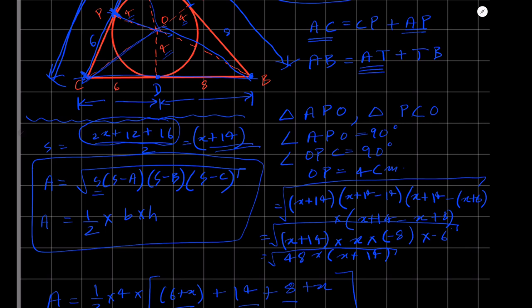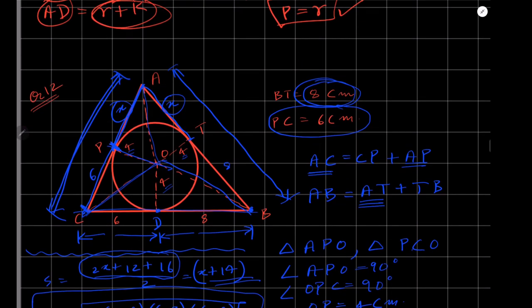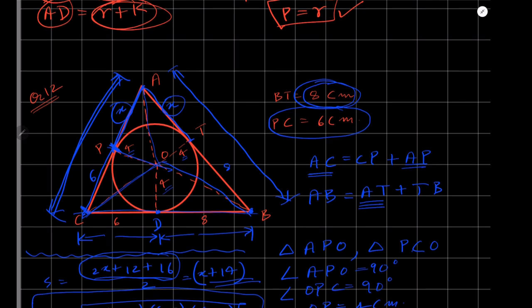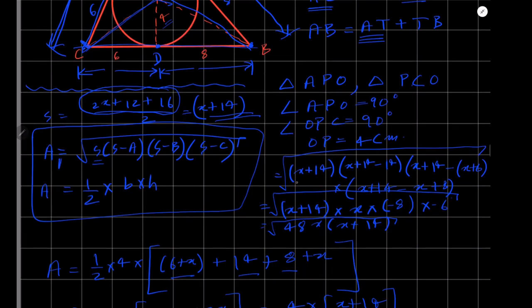And then if we try to find out the area, what will be the area of this whole triangle ABC? The area will be square root of s(s minus a)(s minus b)(s minus c). And we get this expression, square root of 48x multiplied by x plus 14 as its area.